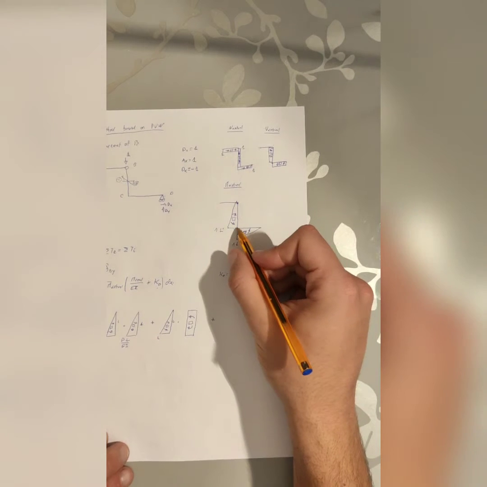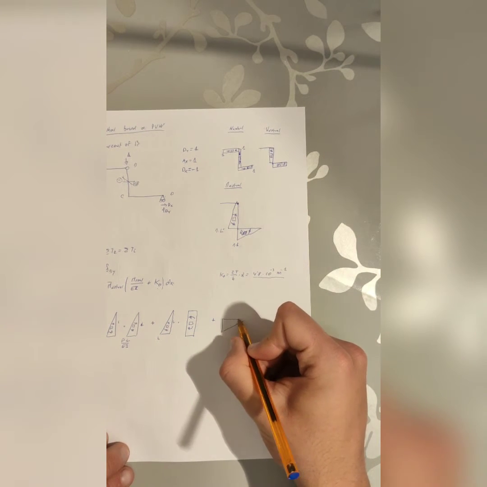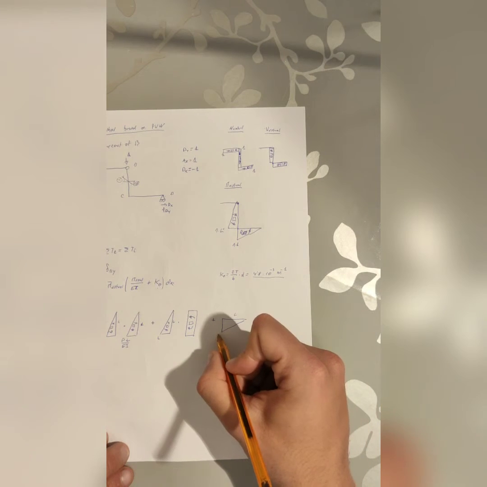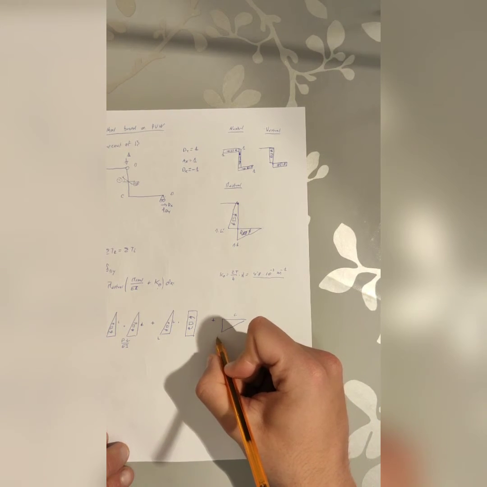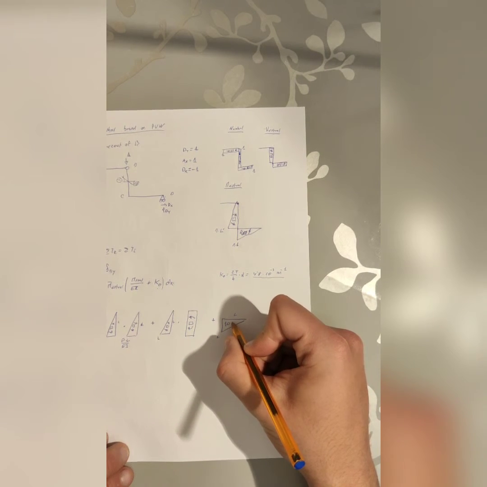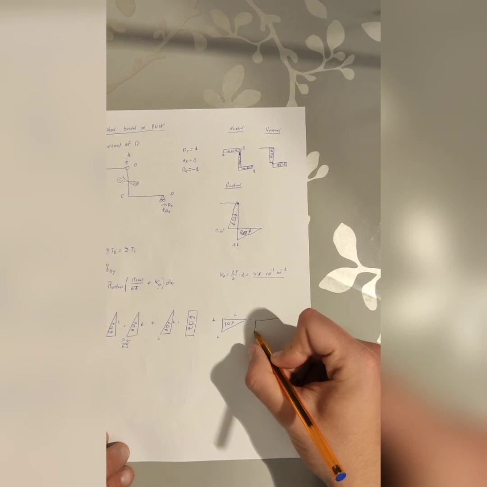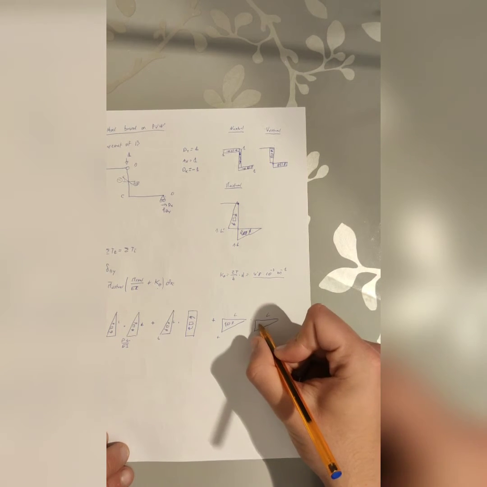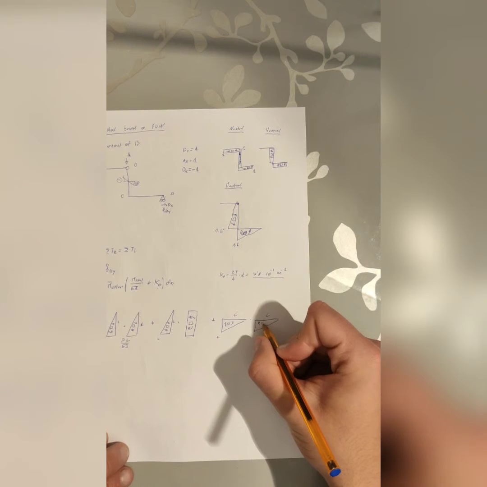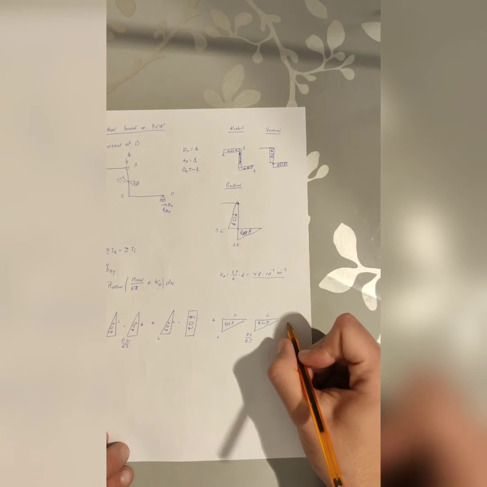And again, for the final part of the structure, we have our virtual system, length L, height L, times the real system, length L, the same orientation, and height P times L divided by EI.